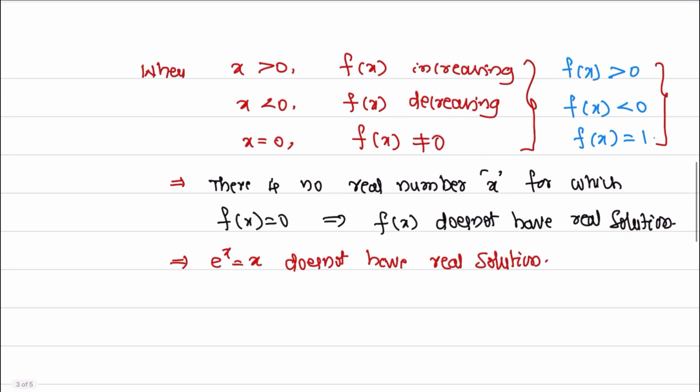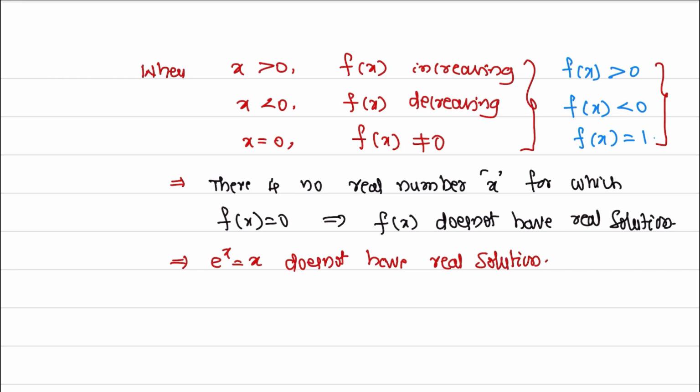Now, as far as the complex solutions, as we proceed further in the classes, I will be teaching about complex numbers. At present, I am dealing with the real numbers only.